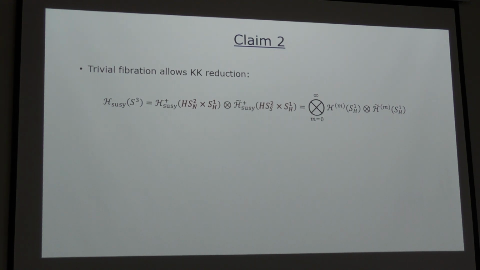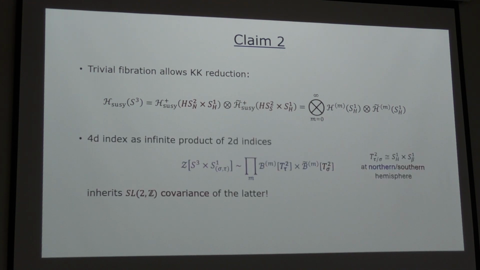I will get this infinite product, corresponding to the various KK modes, of two-dimensional Hilbert spaces. But there's two of them because I have to factorize into hemispheres.